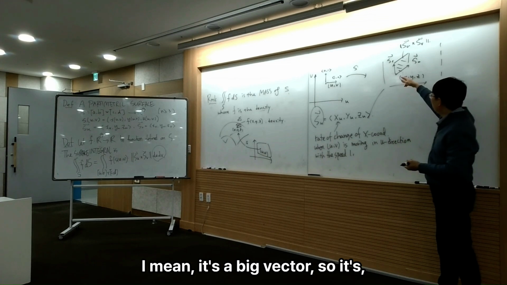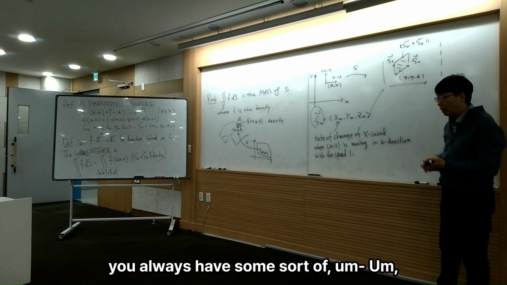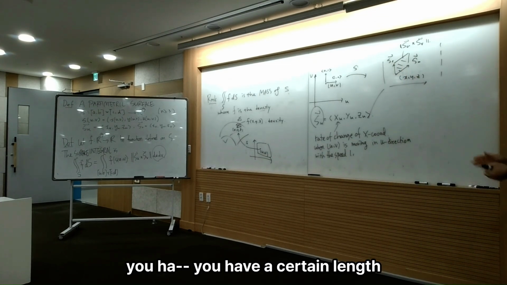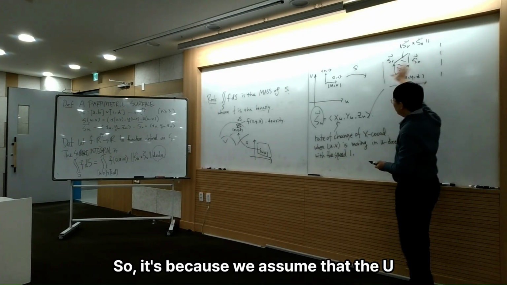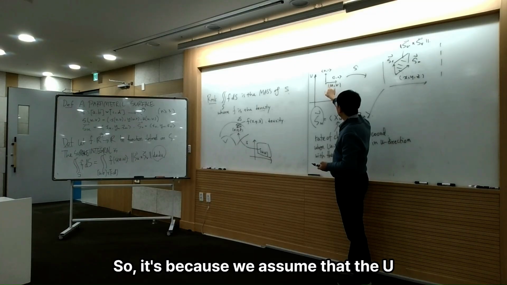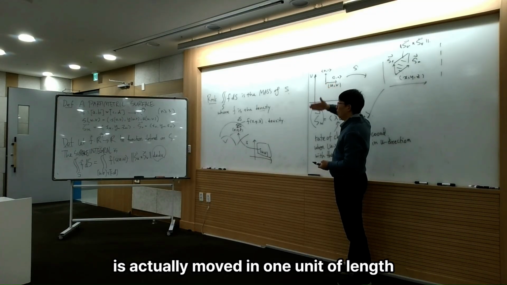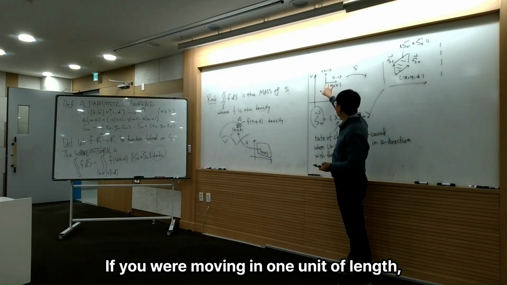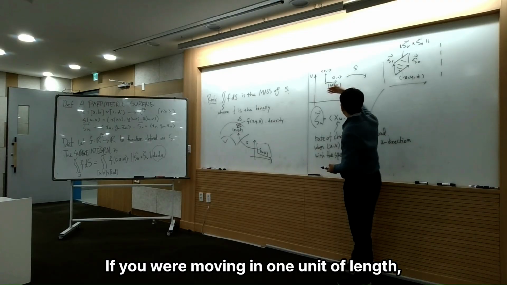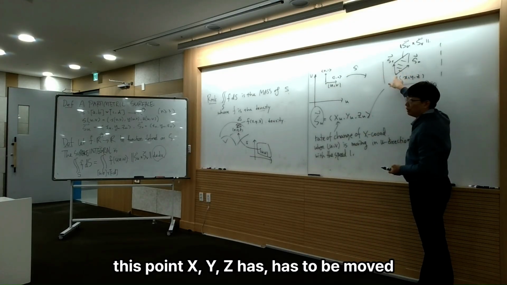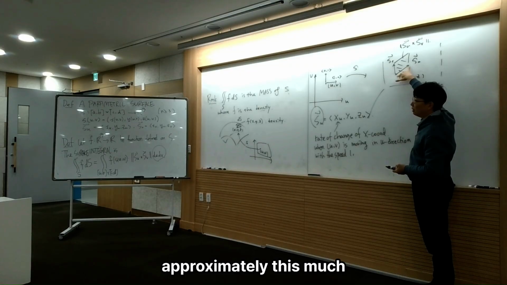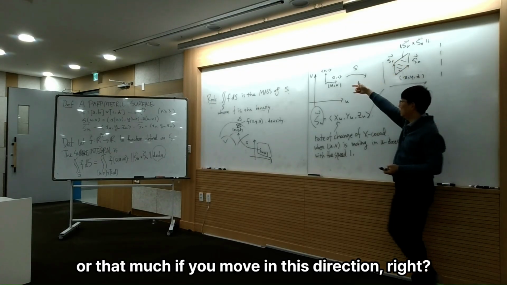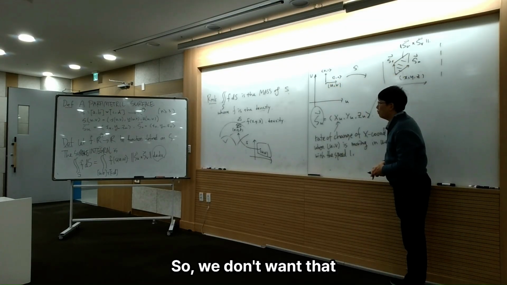I mean, it's a big vector, so you always have a certain length of vector whenever you move a certain distance. It's because we assume that u is moved 1 unit of length. If you were moving 1 unit of length, this point x, y, z has to be moved approximately this much or that much if you move in this direction, right?